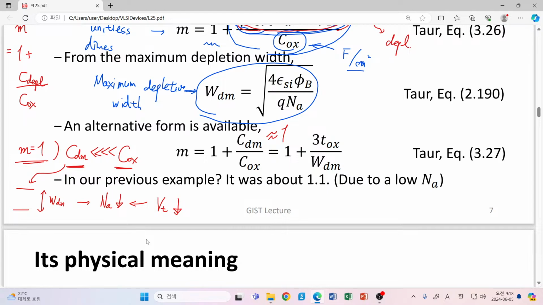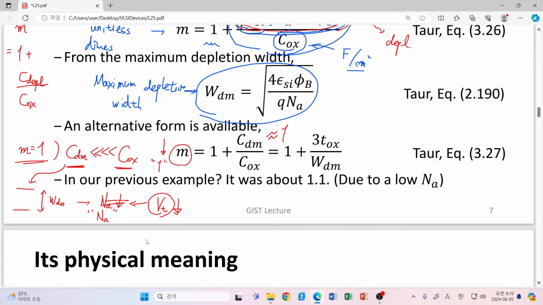So if you wanted to make just a good transistor, then you have some tendency to reduce it down to number 1. But if you try this way, then that will just change your threshold voltage. Then how can you do that? In order to maintain a certain reasonable value of a threshold voltage, it means that your NA value is more or less fixed or given to you.